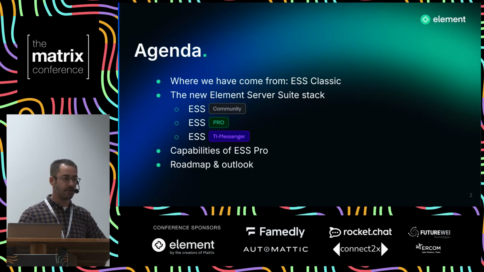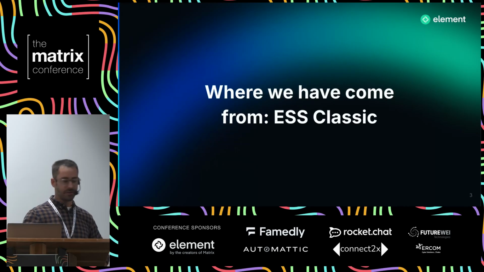We will look at all the details in there, and then dive into all the capabilities and components in ESS Pro to give you an understanding of what the differences are, what the differentiation is, and why you might want to use Pro. Concluding in the end with some outlook, a bit of roadmap and summary. But first of all, let's look at where we have come from.